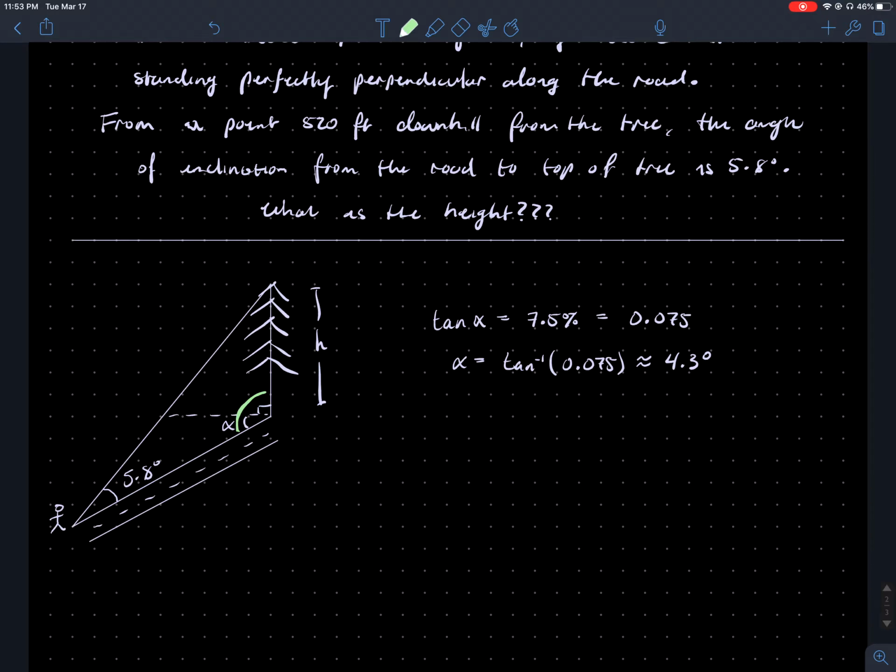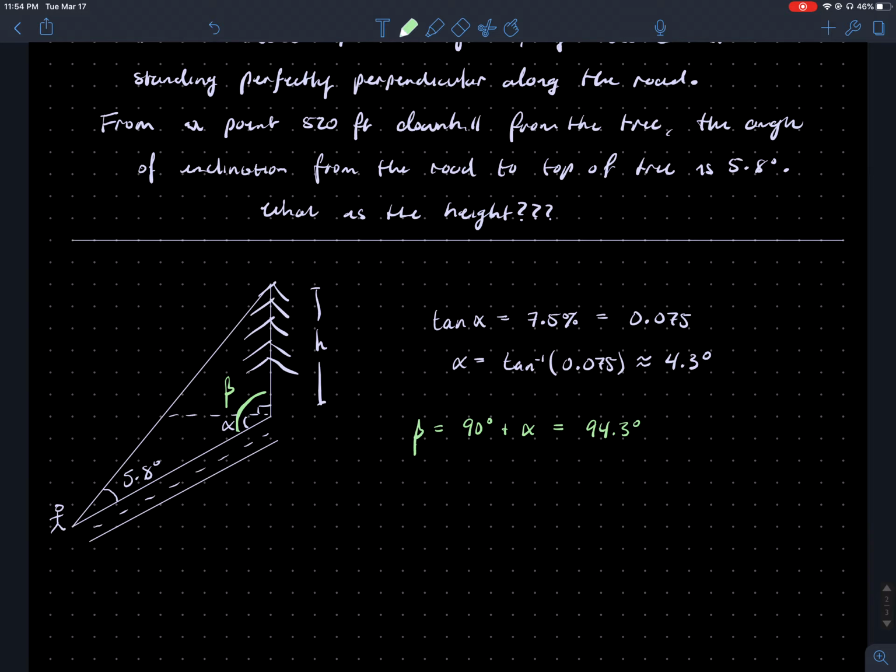And we know that we have this right triangle with this additional grade to it. So let's call this main angle that we want beta. We can say beta is going to be equal to 90 degrees plus alpha. And so that's going to be equal to 94.3 degrees.